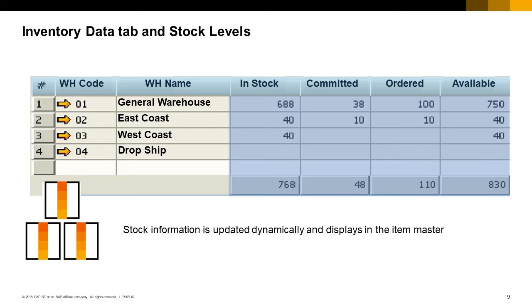And in the last column, it displays the quantity available for sales orders. The available quantity is calculated by adding together the in-stock and ordered quantities, then subtracting any committed quantity.